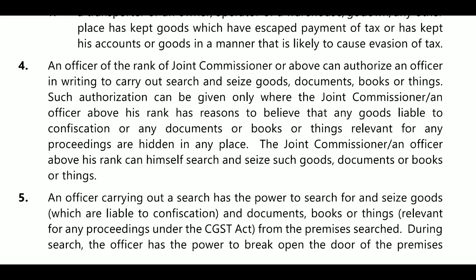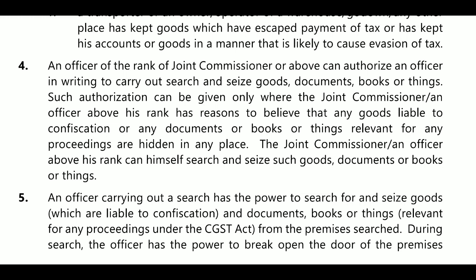What is searched and seized? Goods, documents, books or things. Such authorization can be given only where the Joint Commissioner or an officer above his rank has reason to believe that any goods are liable to confiscation. If they are liable to confiscation, then he will order for search and seizure.